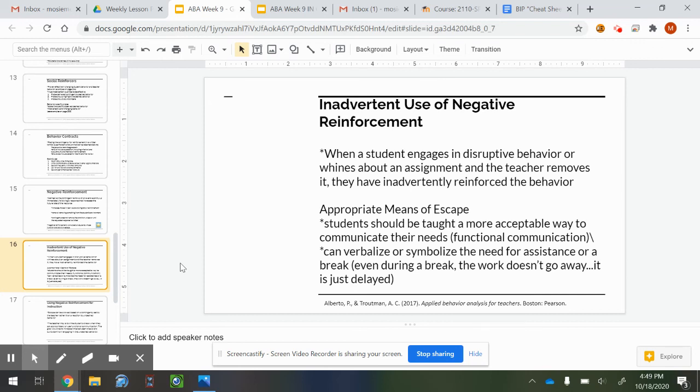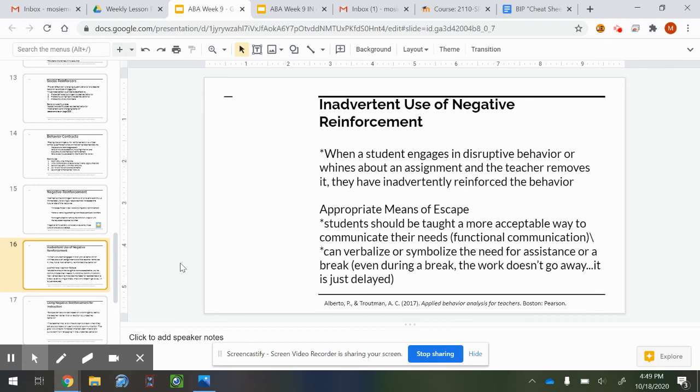Functional communication can be verbalizing, where we may teach the student a phrase like, I need a break, or some teachers I've even heard use little catchphrases like coffee break or timeout. Others may use a break card or a help card, like a red card to indicate I need a break, a yellow card to indicate I'm frustrated and I need some help with my work.